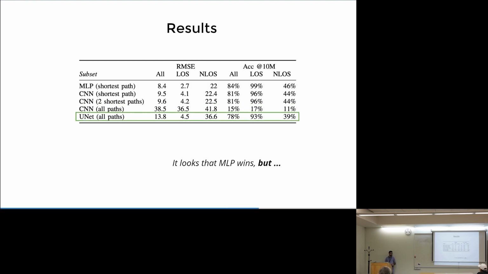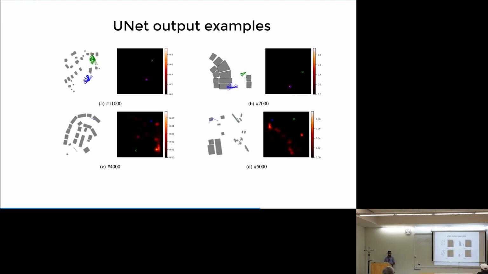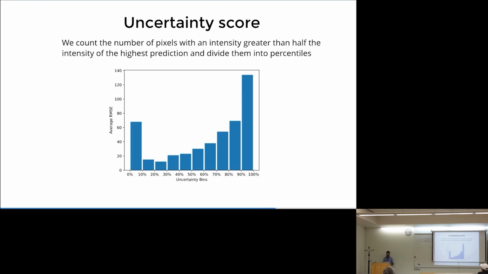It might seem like MLP wins, but we have rich outputs for our UNet model on which we can do analysis. So we can calculate an uncertainty score. We define it as the following. It's the number of pixels that are at least half as bright as the brightest pixel.